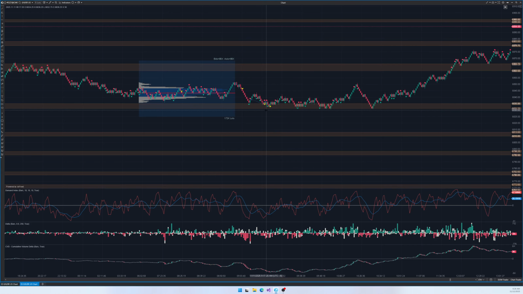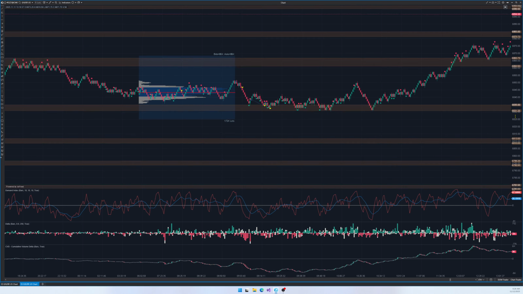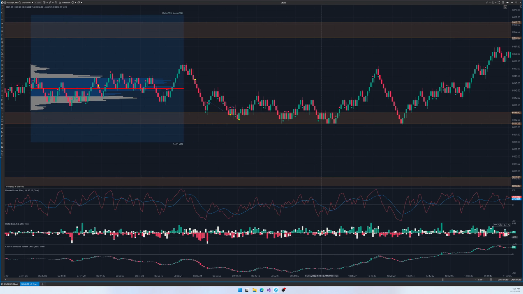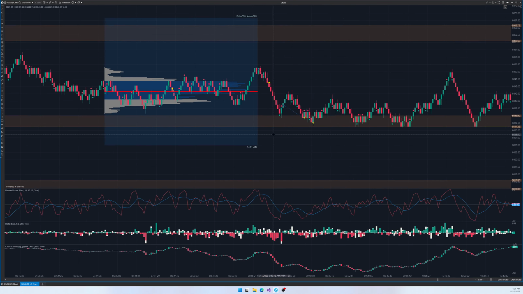Then I started another trade. Retrospectively speaking, this one doesn't make sense because the stars are not really aligning.